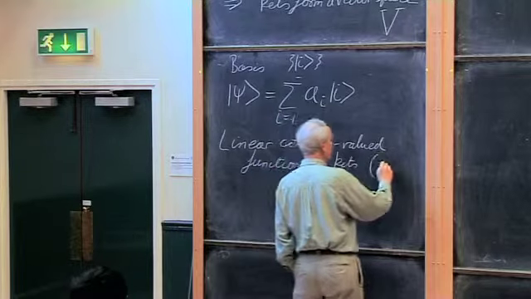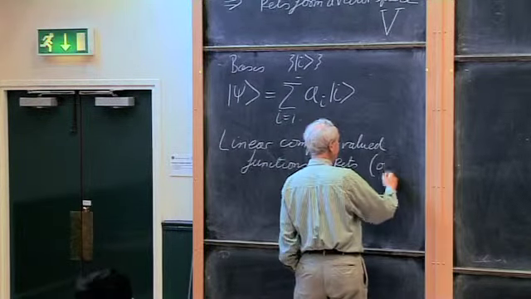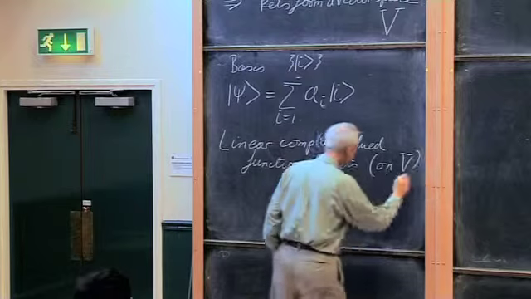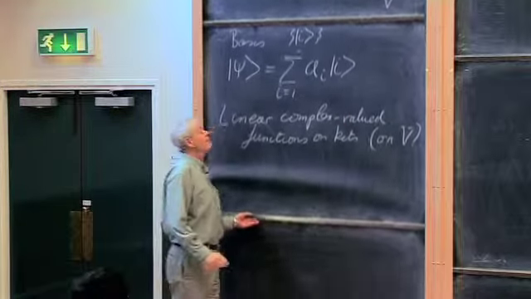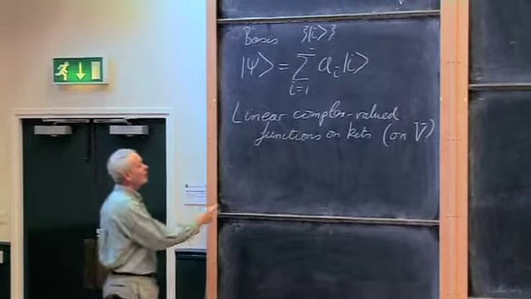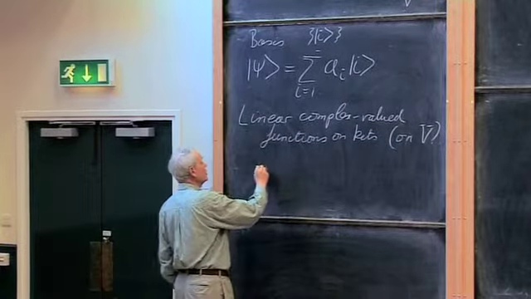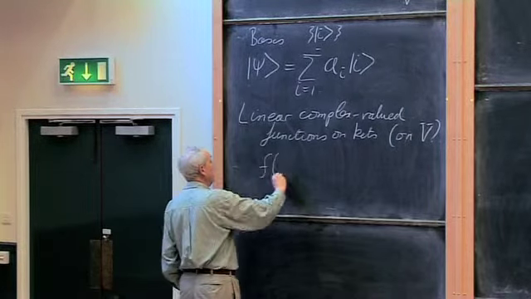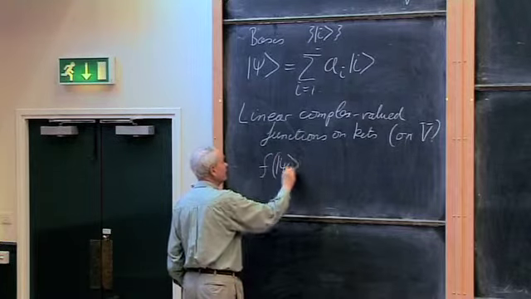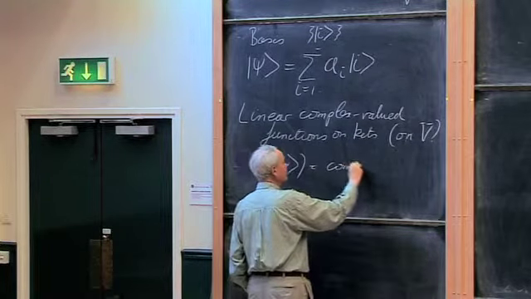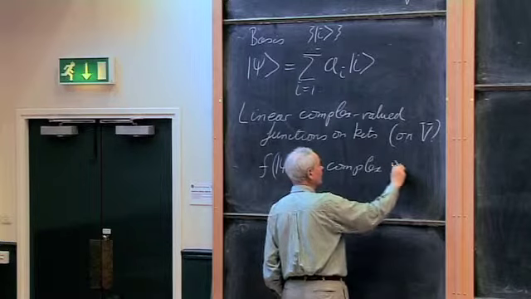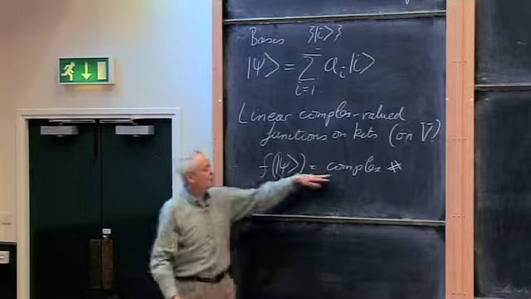A mathematician would say on V, functions on the elements of V. Traditionally you would say, okay, f of psi is a complex number. The complex number in question is going to be the amplitude.